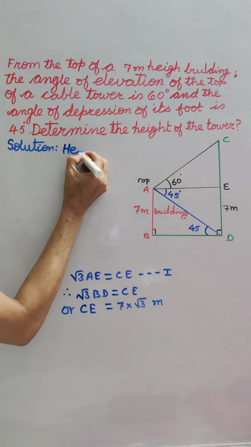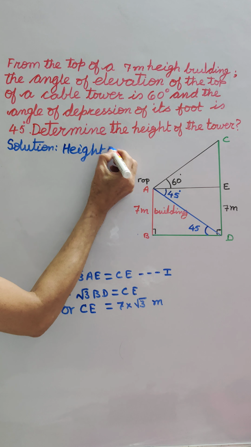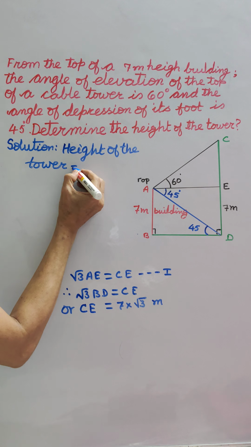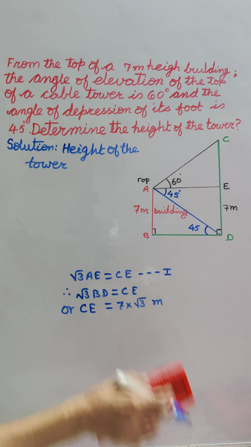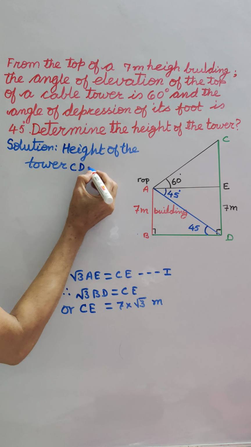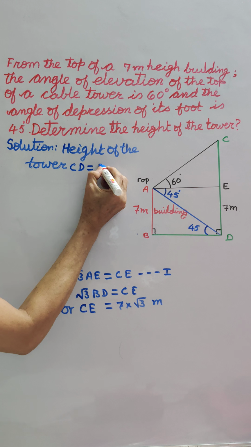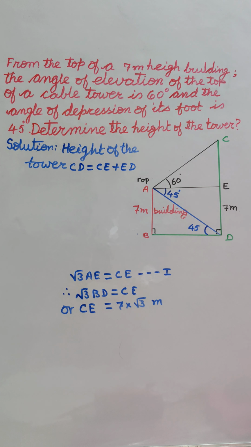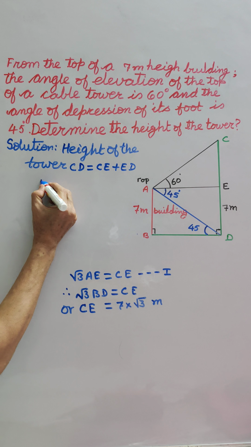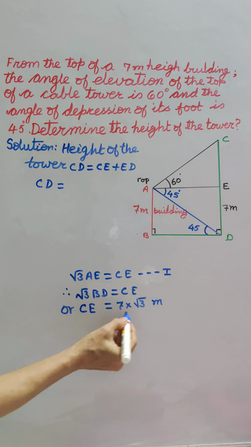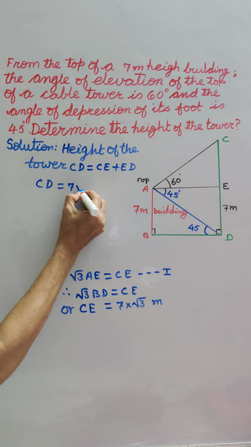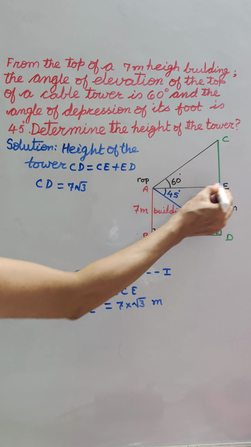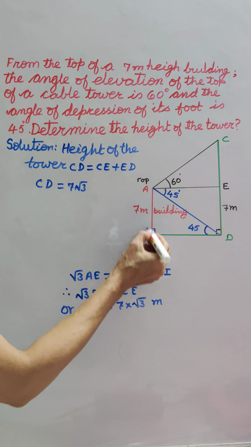The value of CE is 7 root 3, and the value of ED is 7, the opposite side of the rectangle ABDE, since AB is 7.